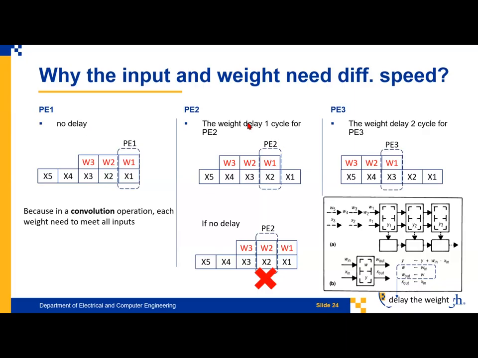If we delay one cycle for PE2, the W1 could do the multiplication with the X2. And for PE3, the weight is delayed 2 cycles, so the W1 could meet the X3 and do the multiplication with the X3.